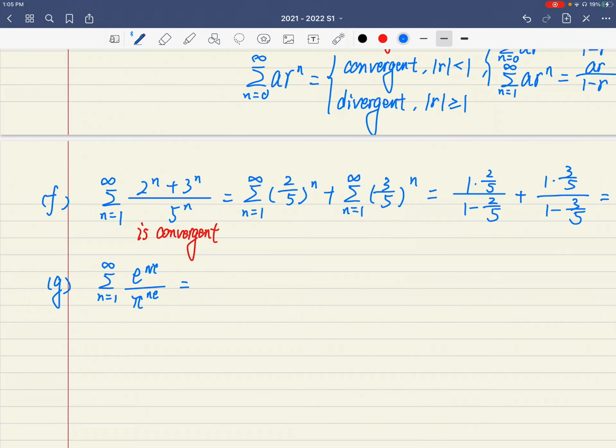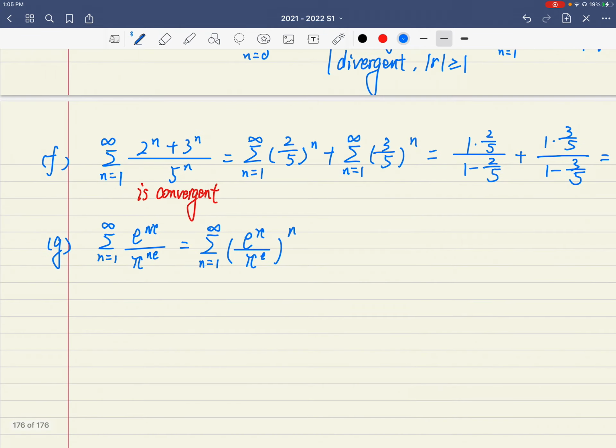They're just special constants, so we use letters to represent them. The top is e to the power of n pi, and the bottom is pi to the power of n e. So we just need to use our calculator to get the value of this.